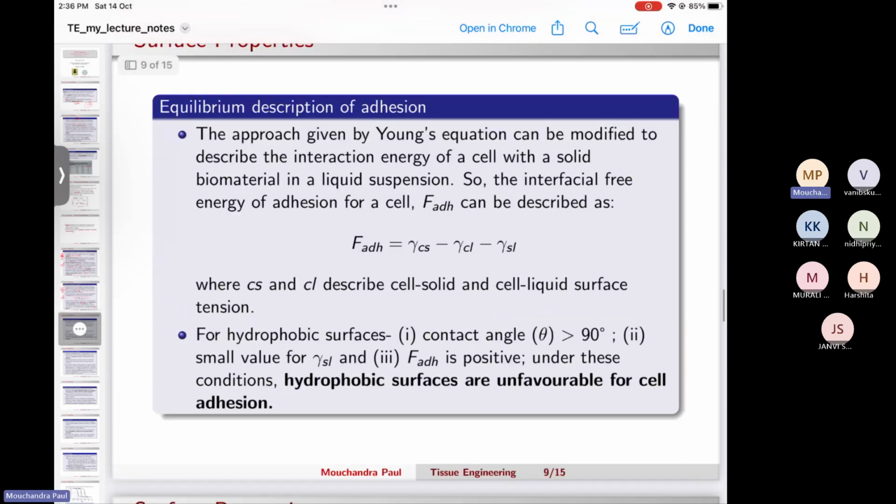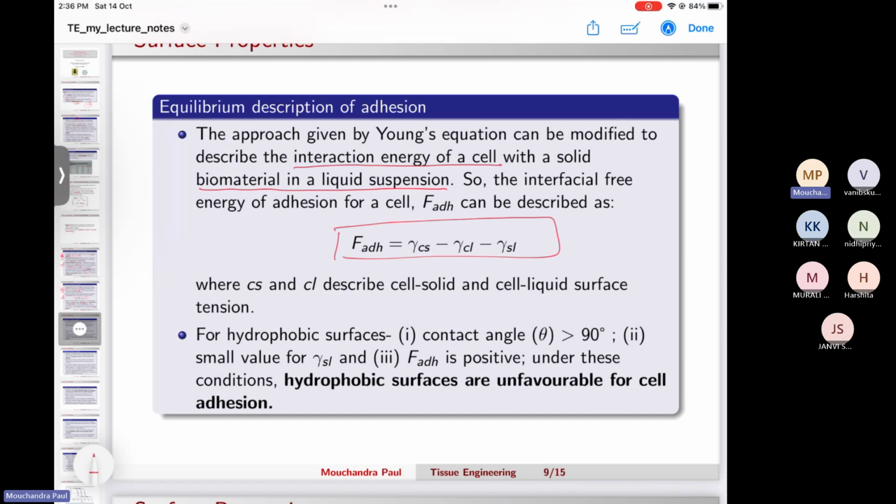The Young's equation can be modified and used to explain how the cell is interacting with the surface by this expression, where F adhesion is the interfacial energy of a cell with a solid biomaterial in a liquid suspension.